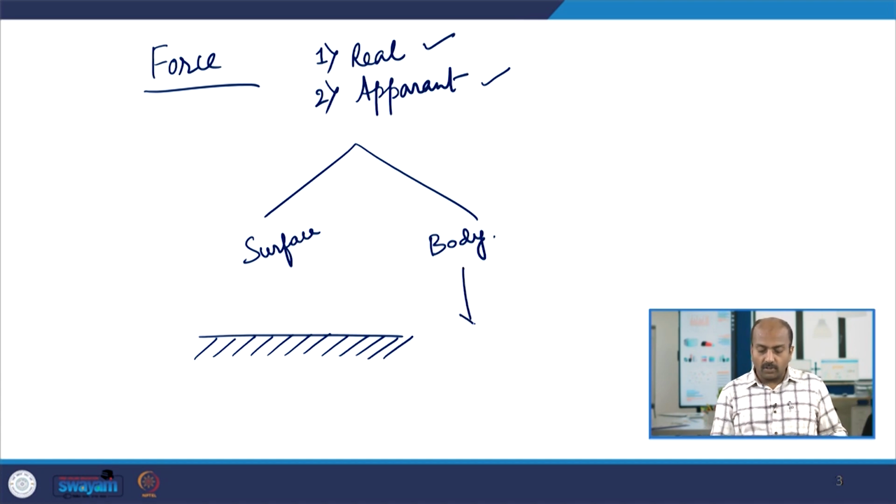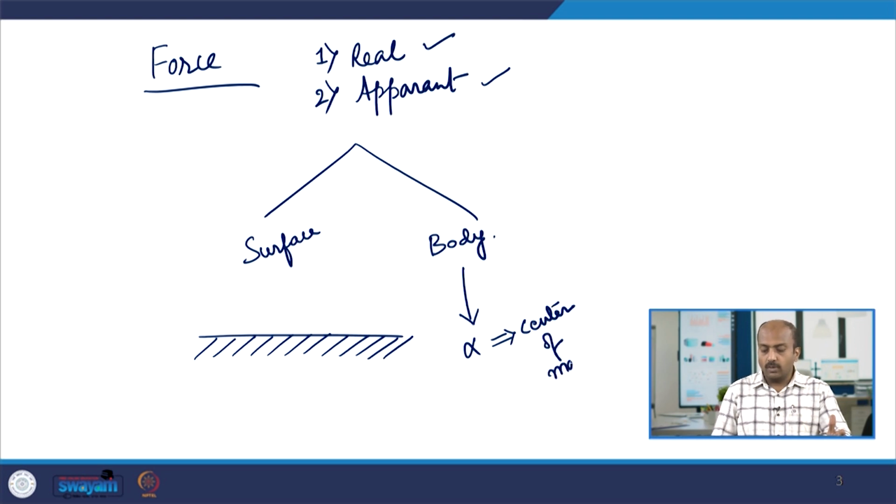The body forces, on the other hand, have a magnitude that is proportional to the mass, and they act towards the center of mass. So, body forces act towards the center of mass, and surface forces are not pinpointed, they do not point to a particular point, rather they act across the surface, right.